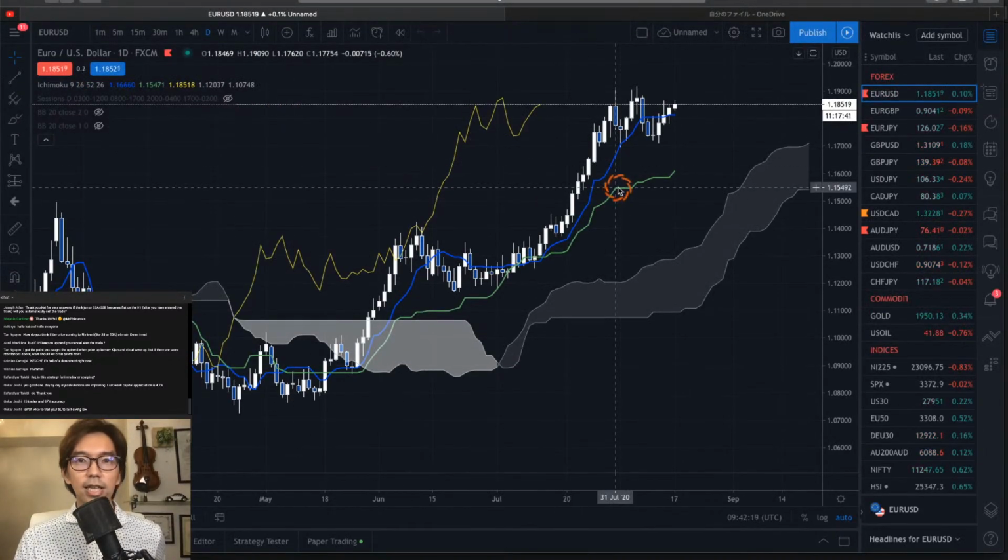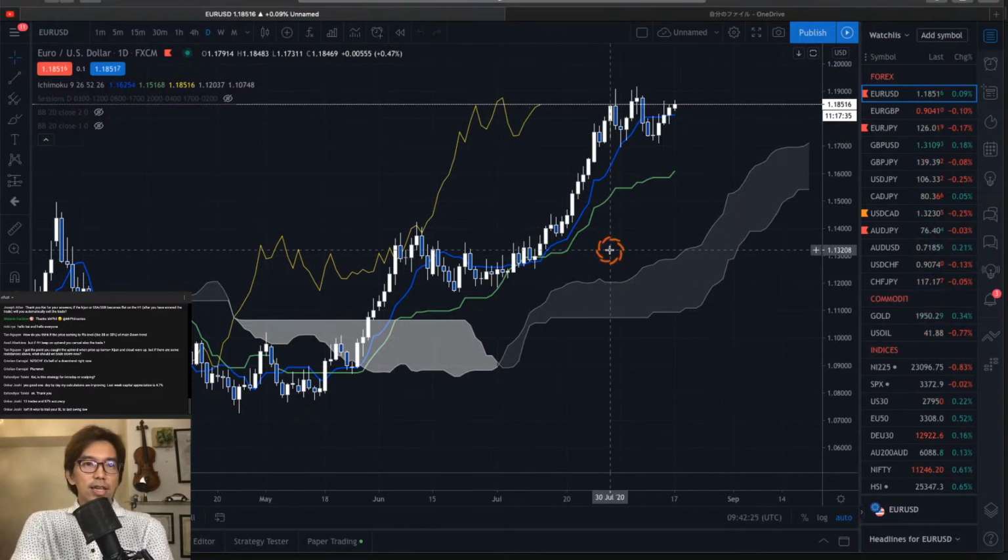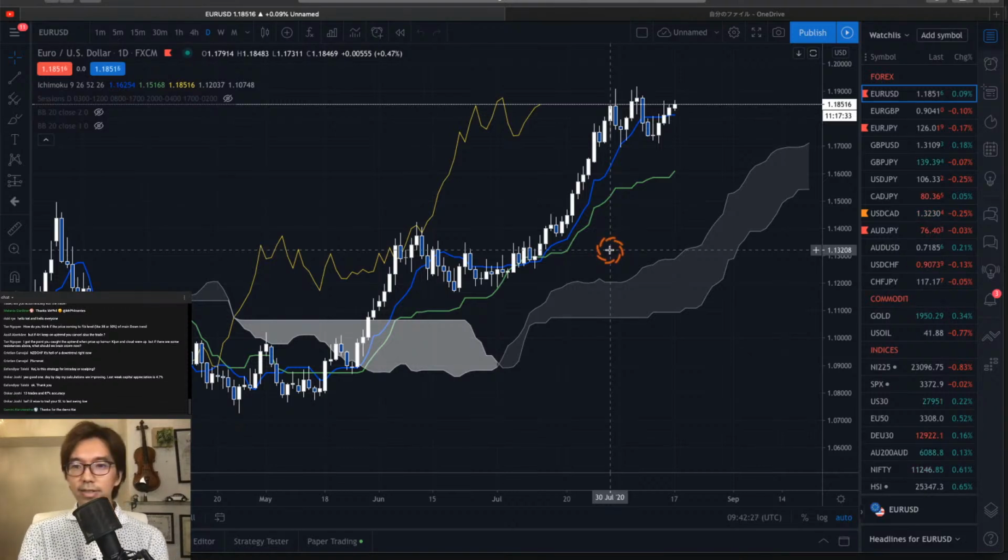So I see a couple of pairs with decent up or down trends now. So here is a Euro USD daily chart. All right, 13 trades and 87% accuracy.